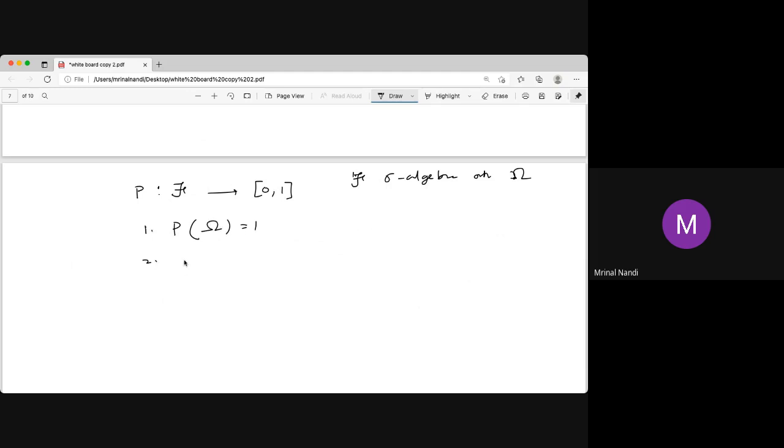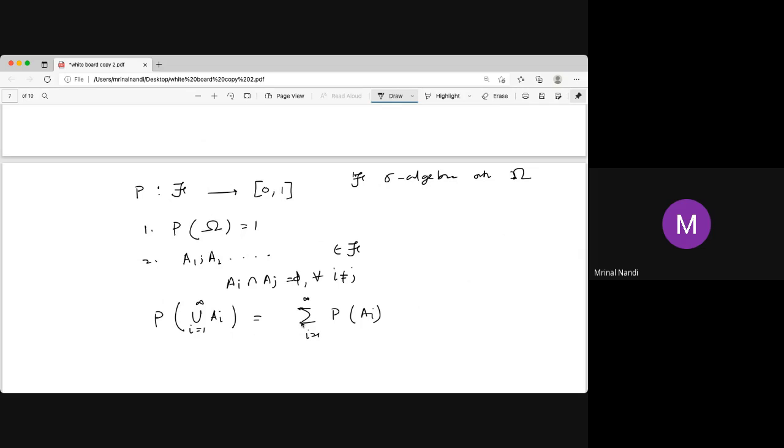Number two, if you have a1, a2, dot dot dot, an infinite collection in the sigma algebra where these are disjoint, that is, for all i not equal to j, Ai intersect Aj is phi, then the probability of the union from i equal to 1 to infinity is just equal to the sum of the probabilities.